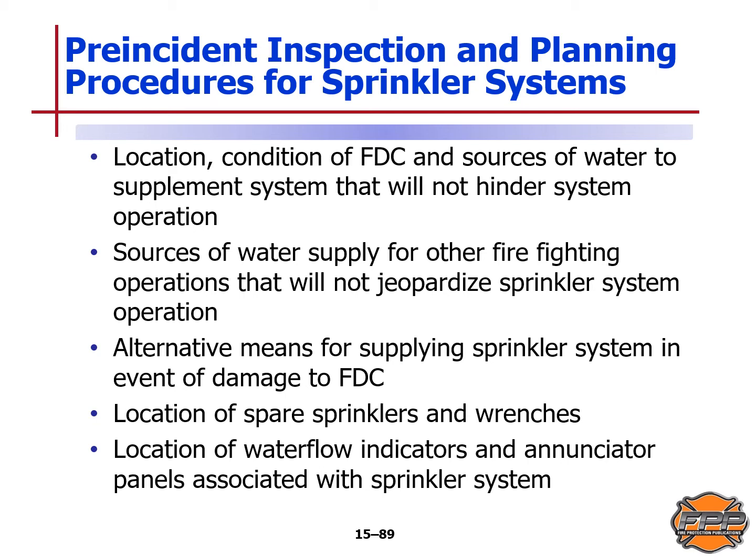Alternative means for supplying the sprinkler system in the event of damage to the fire department connection must be known. Also, the location of spare sprinklers and wrenches should be known, as well as the location of water flow indicators and annunciator panels associated with the sprinkler system.